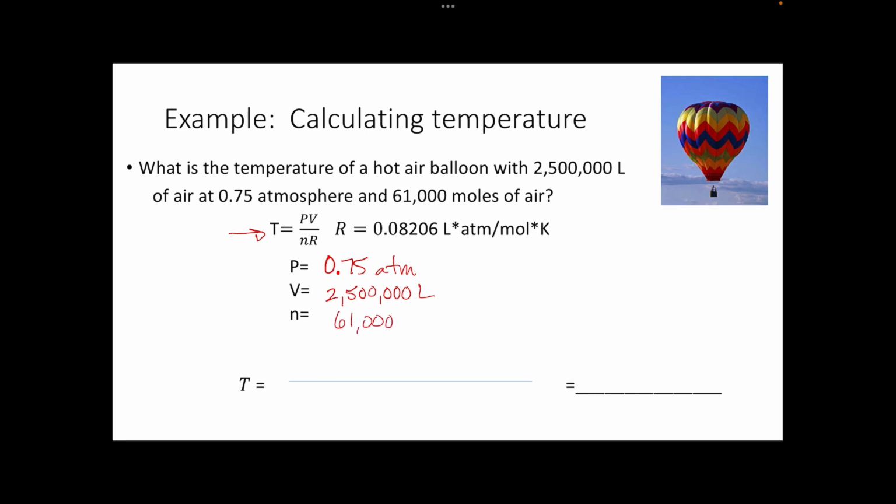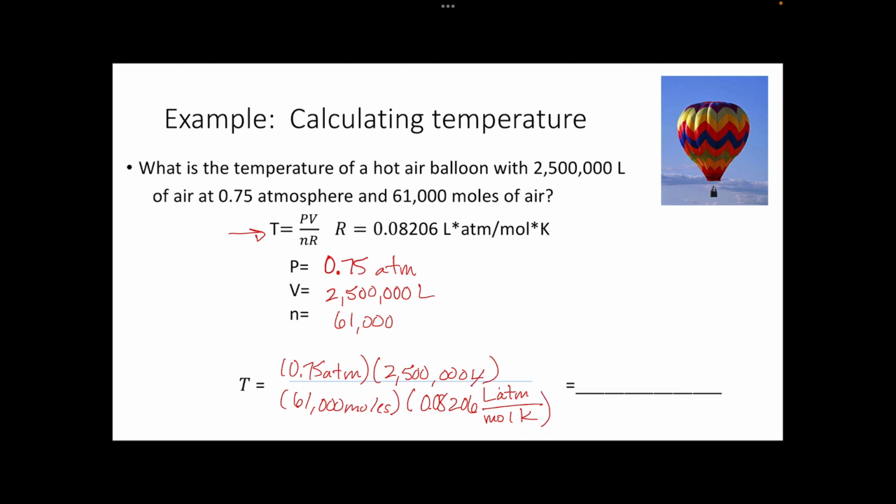Let's go ahead and put this in. Our pressure is 0.75 atmospheres times V, which is 2,500,000 liters, divided by the number of moles. We have 61,000 moles. So many moles. And our gas constant, which is the same as ever, 0.08206 liters atmosphere per mole Kelvin.